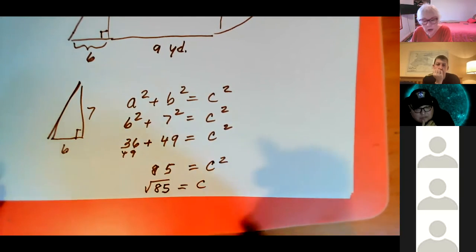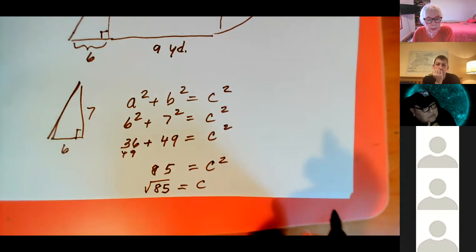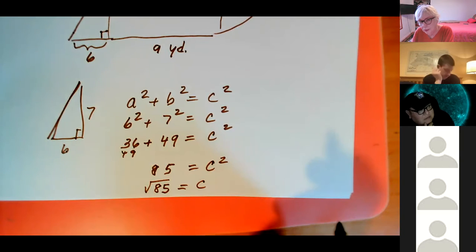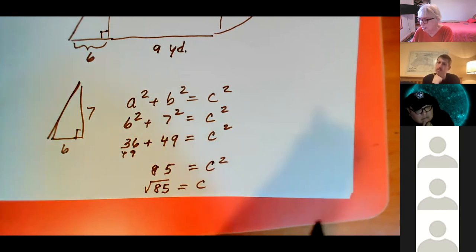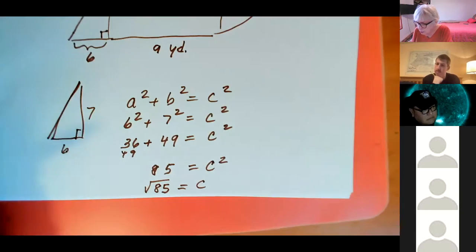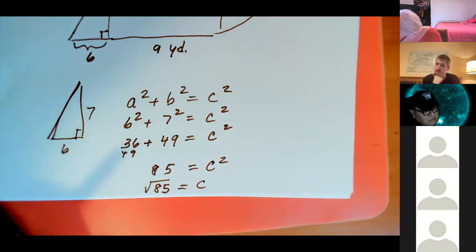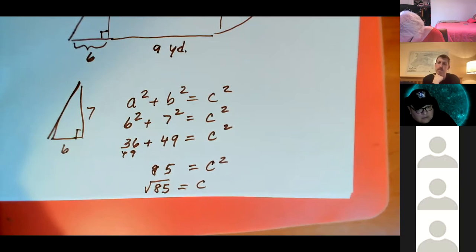There must have been instructions about rounding. No, it just says use pi. That's it. Okay, so this is not a perfect square.